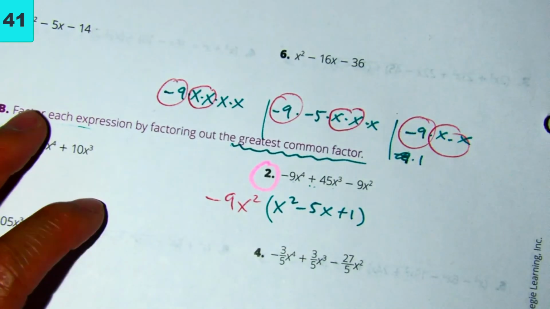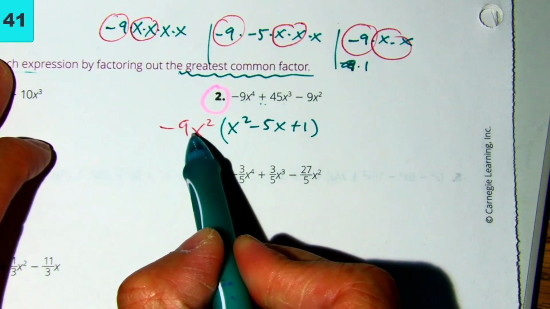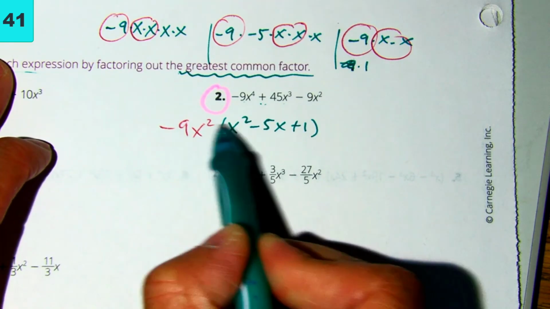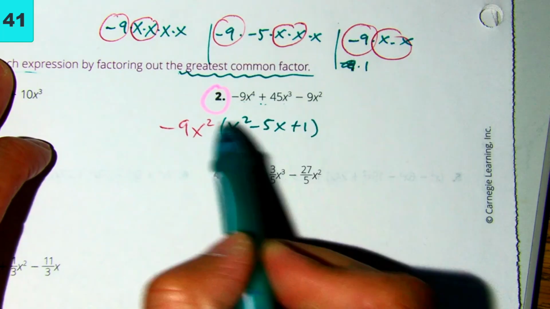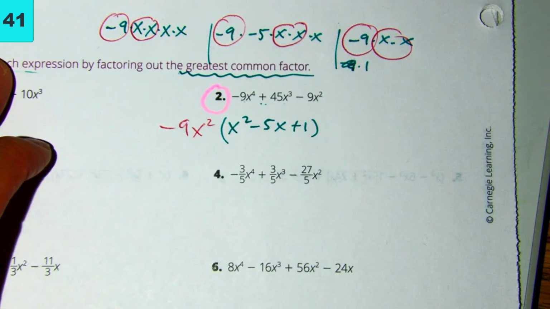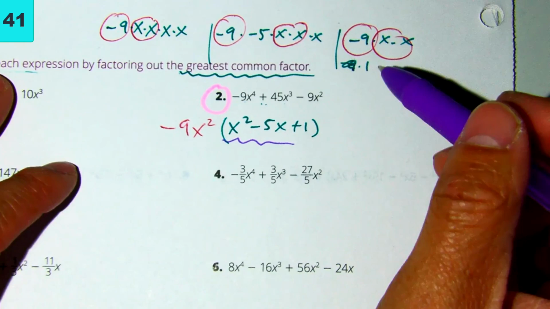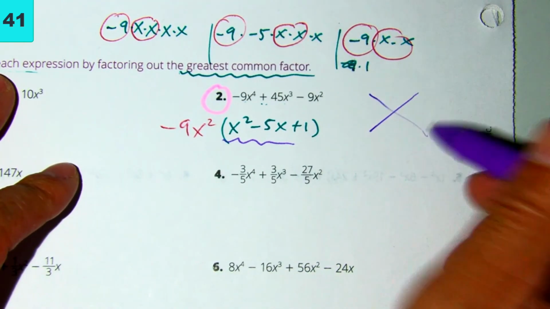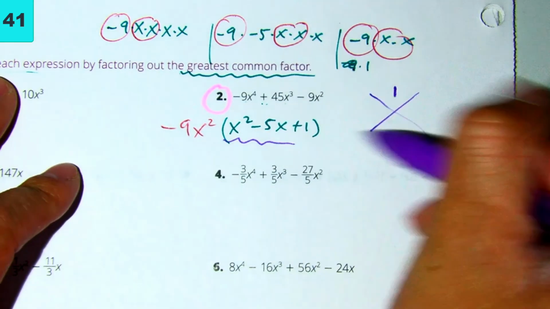Remember, if you're checking your answer and you're not sure if you're correct, you can always what? You can always multiply. Negative 9x squared times x squared is negative 9x to the 4th, 45x cubed, and negative 9x squared. Now if you look at this trinomial in purple, you might be asking yourself, can I factor that again? Well, if I do a times c, I get 1, and my b value is negative 5.